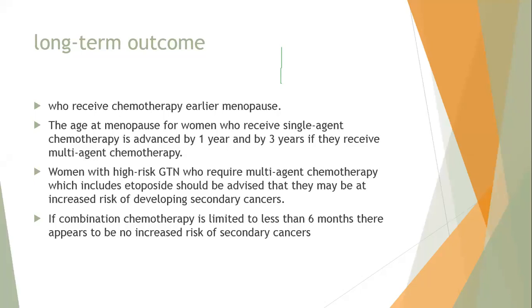If she is taking multi-agent chemotherapy which contains etoposide, they should be advised that they may be at risk of developing secondary cancers. If combination chemotherapy is limited to less than 6 months, there appears to be no increased risk of secondary cancers. All this must be known.